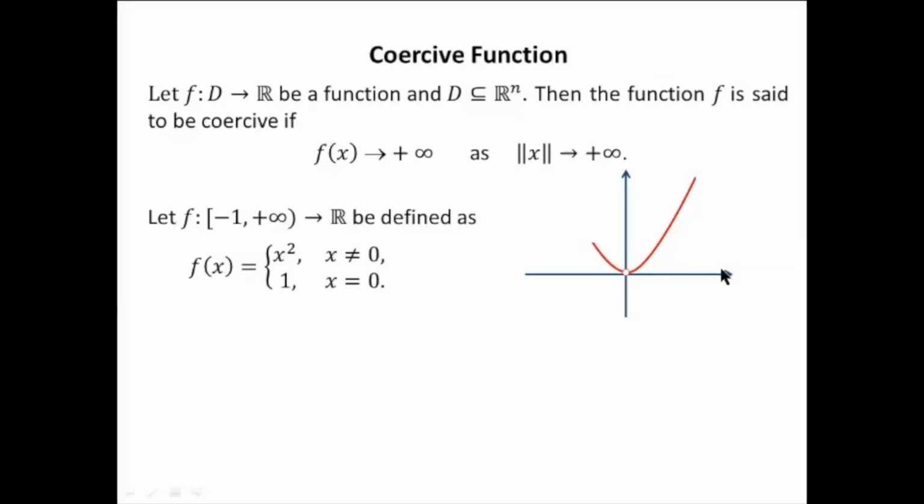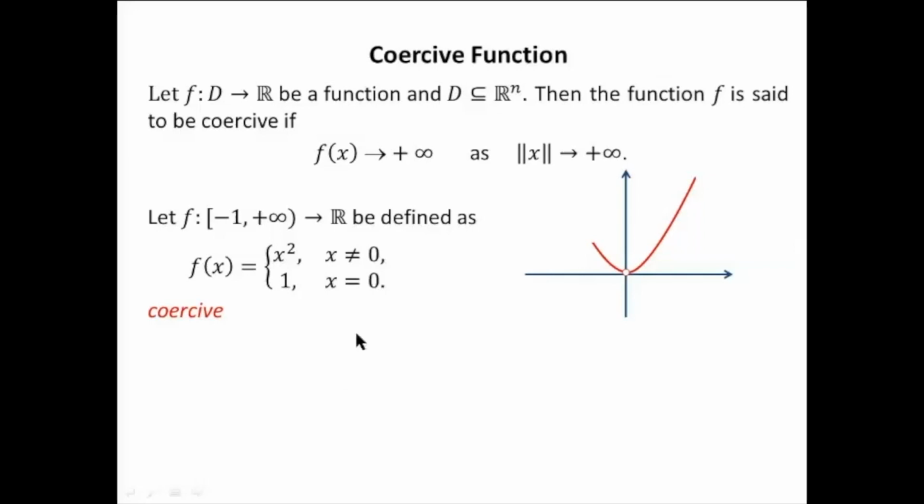When x is going to plus infinity, we can see f(x) is also going to plus infinity. So this condition is satisfied. But since the domain is bounded on the left side, x will never go to minus infinity. So no problem. We don't have to check whether f(x) goes to plus infinity when x goes to minus infinity. So we can say that this function is coercive.